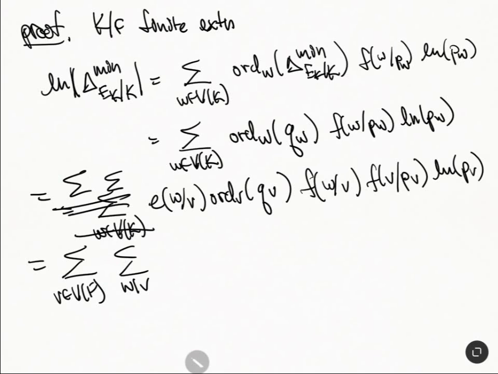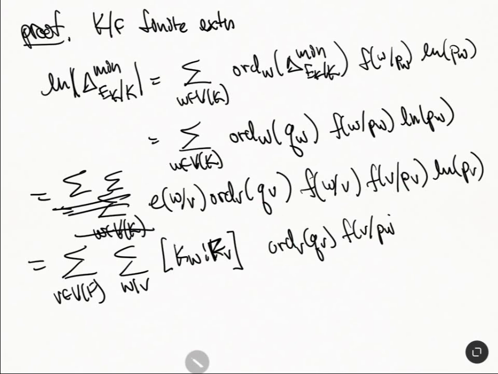Now these two things go together, and this is the degree of K_W over F_V. Then we have ord_V(q_V), f_V over P_V, ln of P_V. So we have V over P_V. P_V is, of course, the rational prime associated to the base.